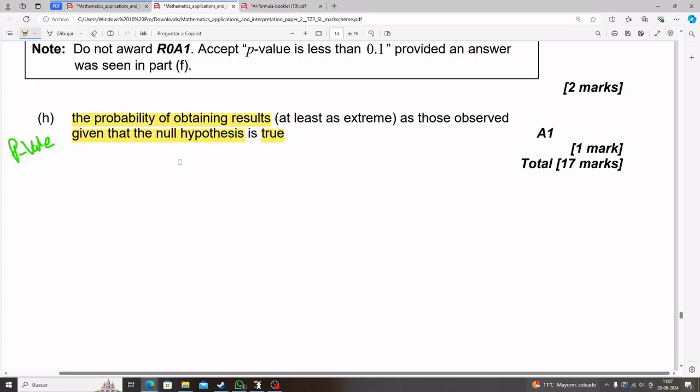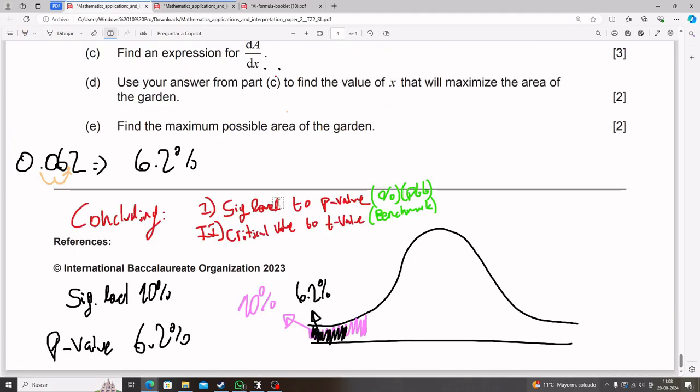So basically, if your null is true, the probability to observe what you're observing is your p-value. And so in this case, assuming that the null is true, and remember that the null was no change, so assuming that there's no change, assuming that the remedies don't matter, the probability to observe what I am observing is 6.2%.